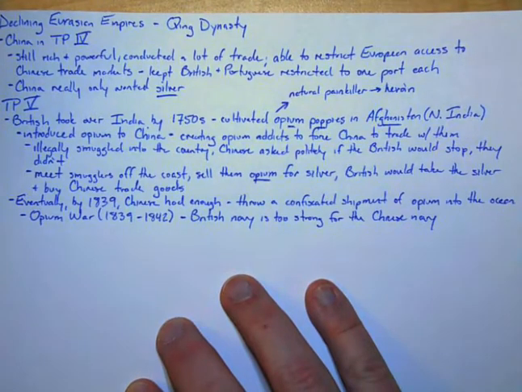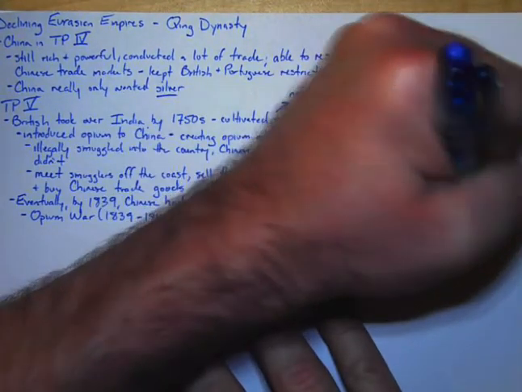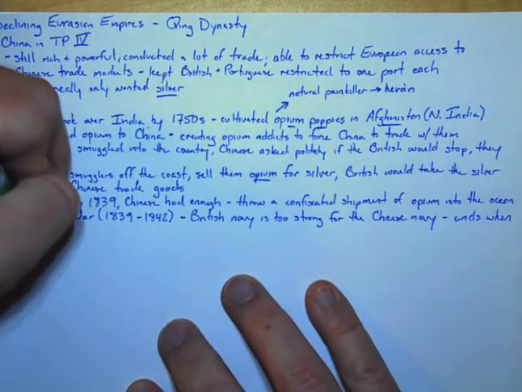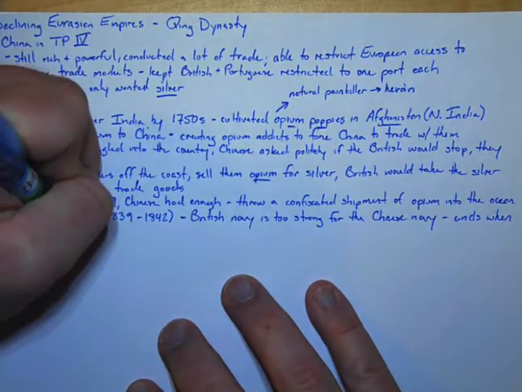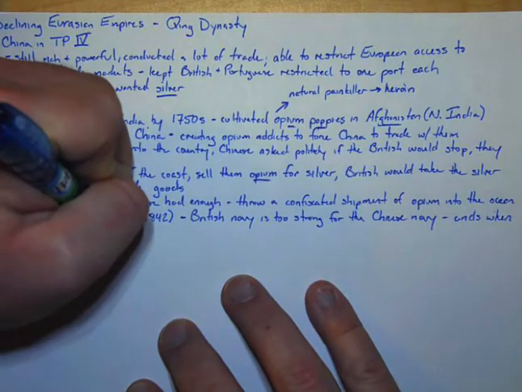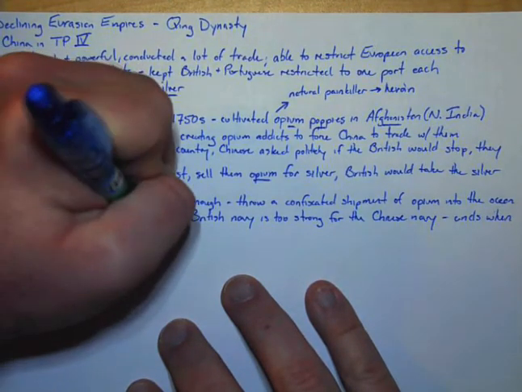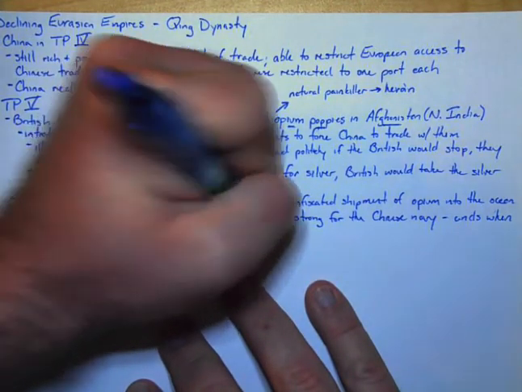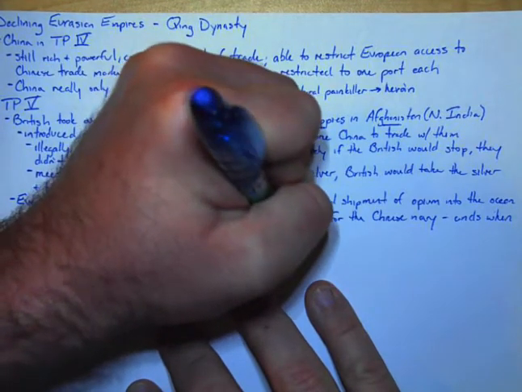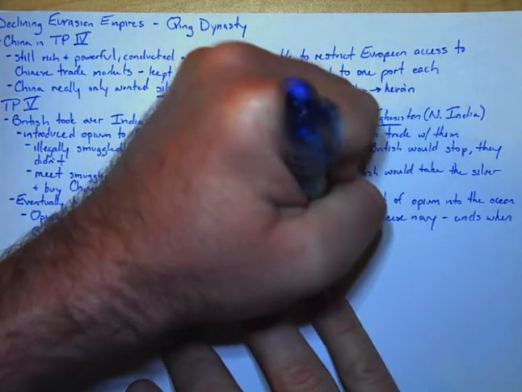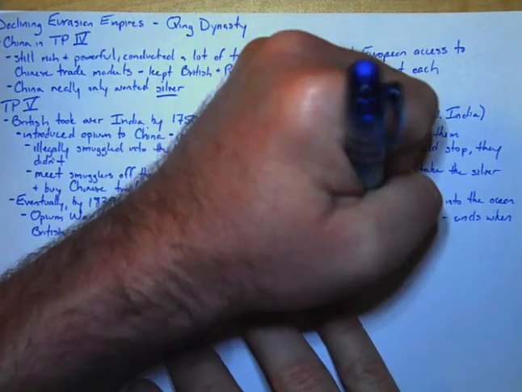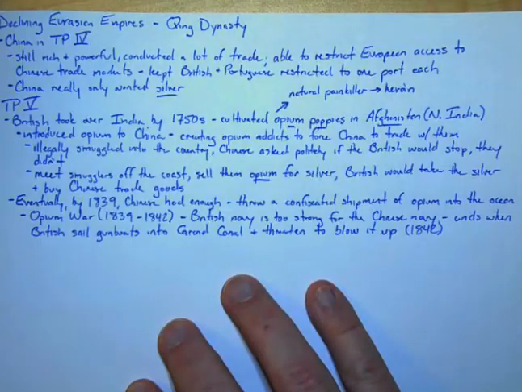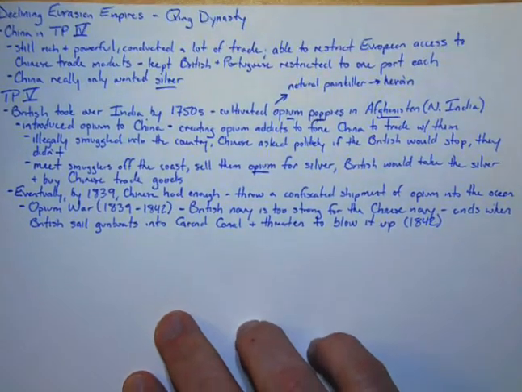And the war really ends when the British sail gunboats into the Grand Canal and threaten to blow it up. And they do this in 1842. And it's at that point the Chinese surrender.